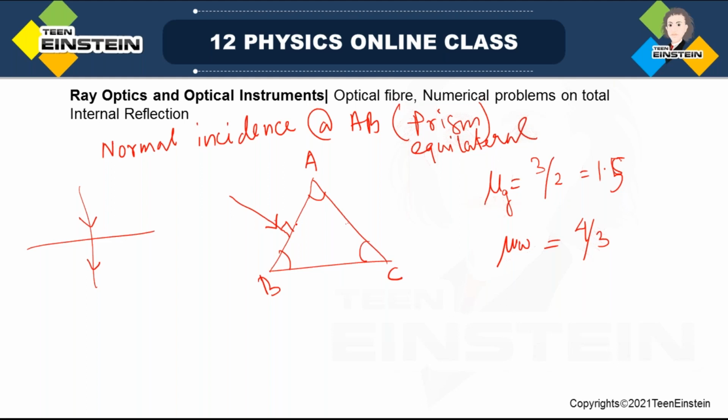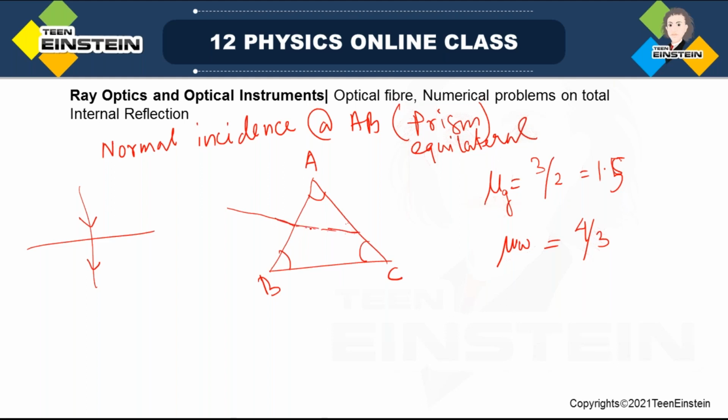I think I'll take the ray somewhat a little bit above. When it is normally getting incident over here, it will pass through and hit over here directly.